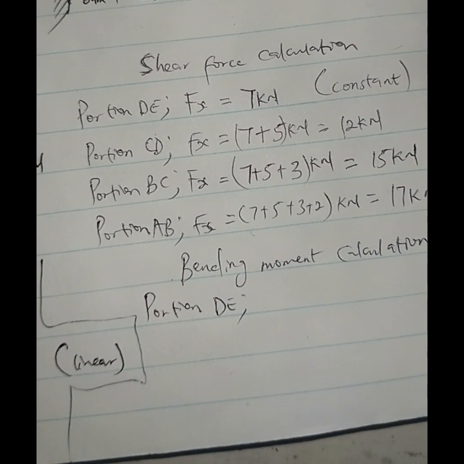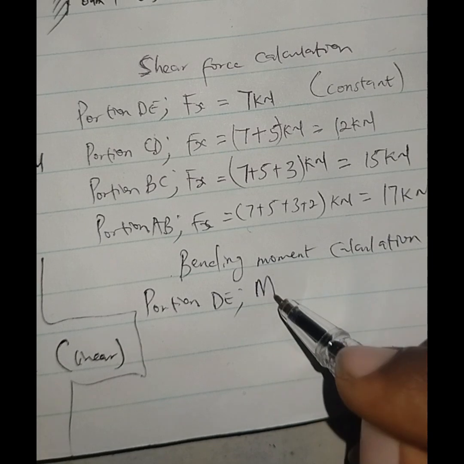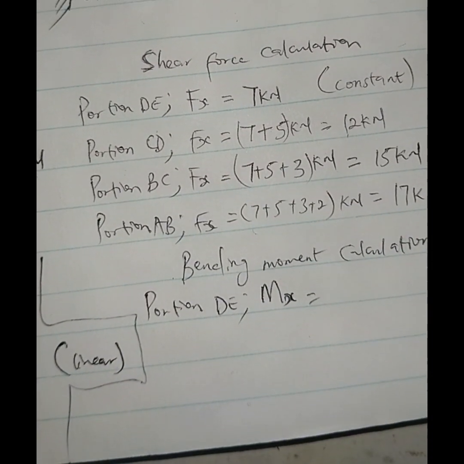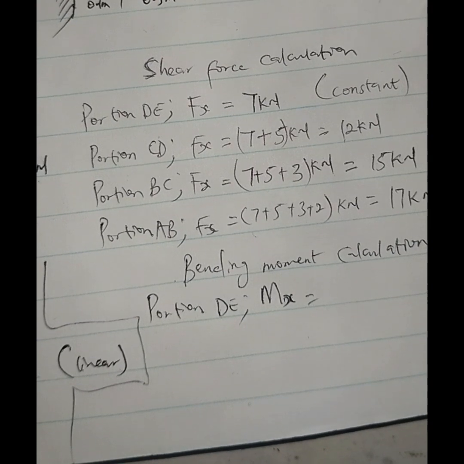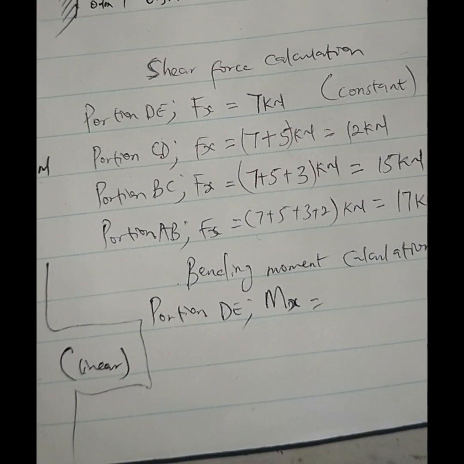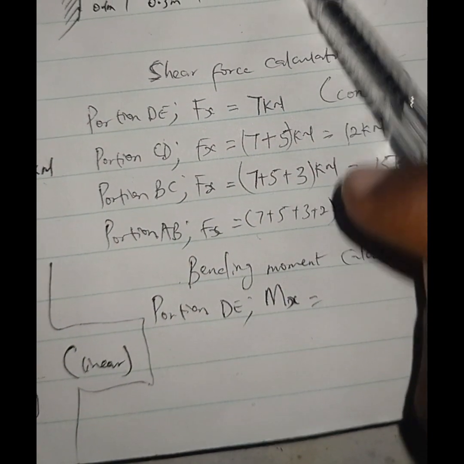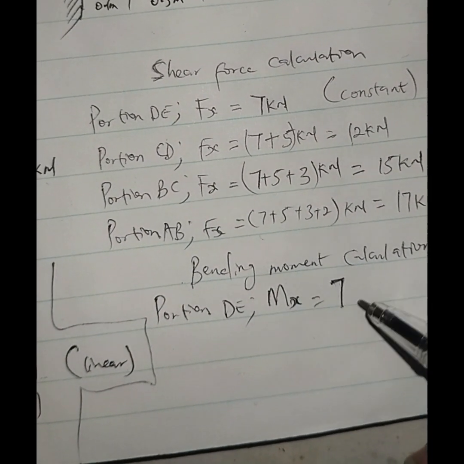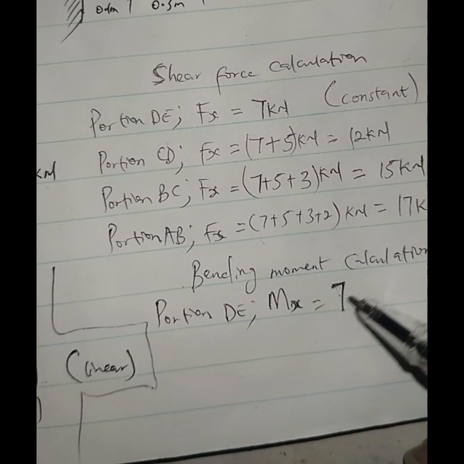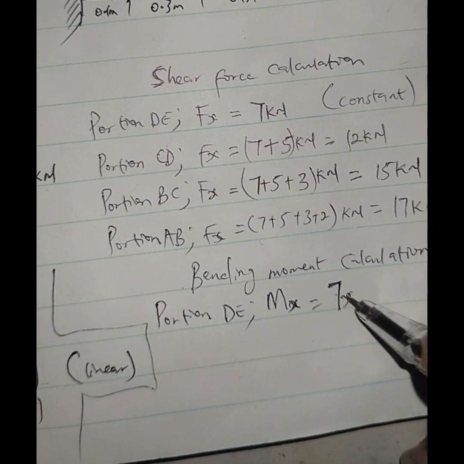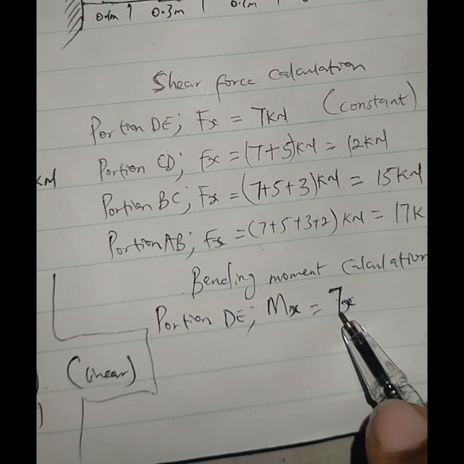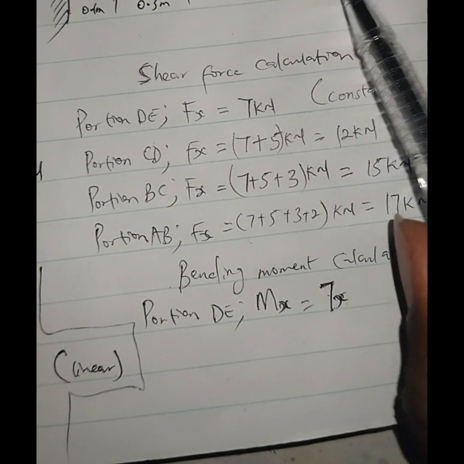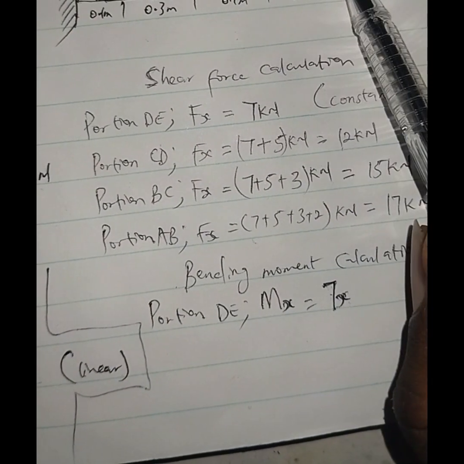Now bending moment, so we're using M, like I said last time, M of x. Now what is the first thing? 7. So now portion DE. We are not saying this part, we are saying the 7. So we have 7. You are generating a formula that is the force times your distance. So that is why it's 7x, because it's the force times the distance from D to E.